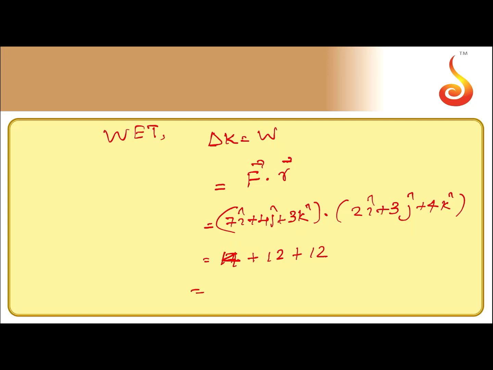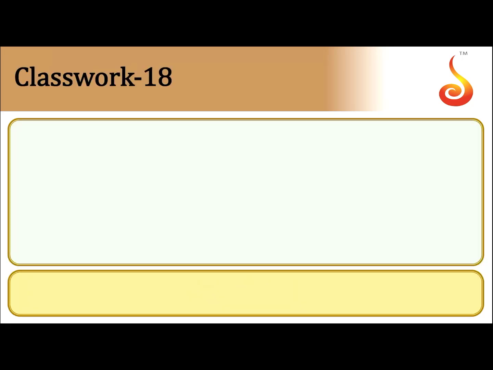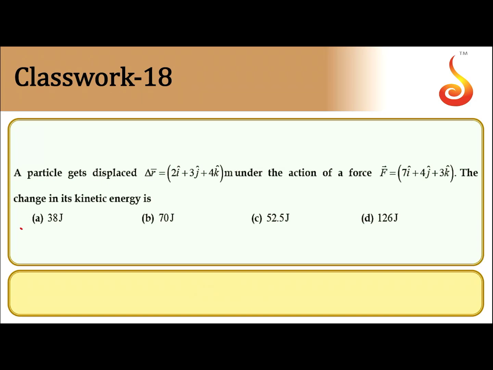So how much is that? That becomes 38 joules. Simple problem. Change in kinetic energy is equal to work done. Work done is F dot r. So 38 joule is our choice. A is our correct option.